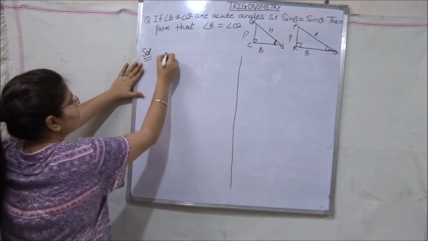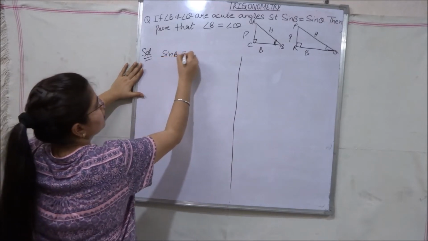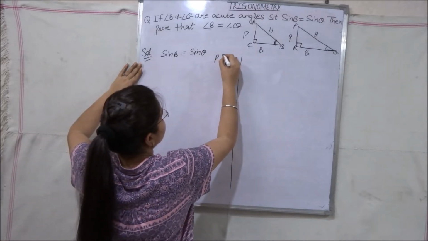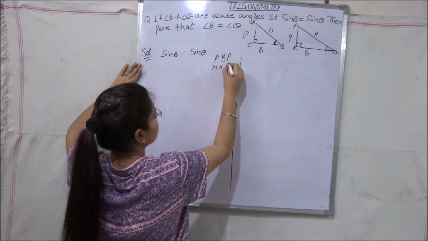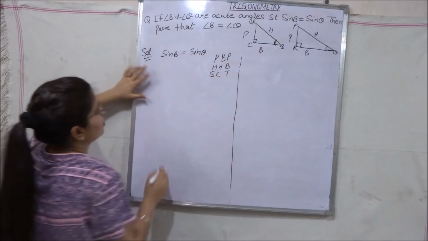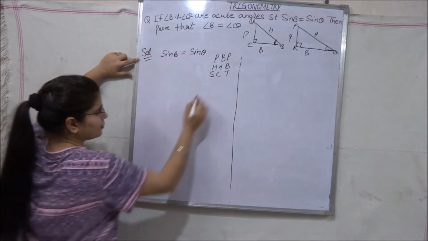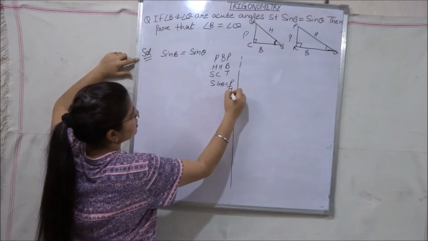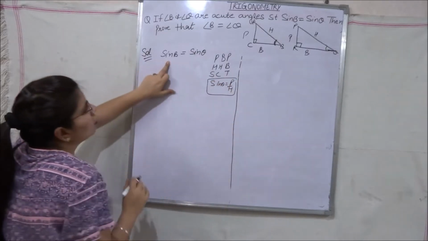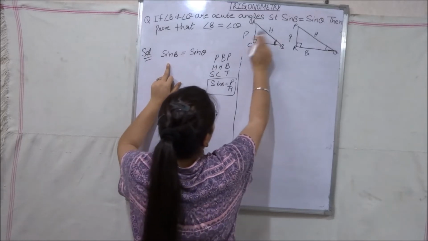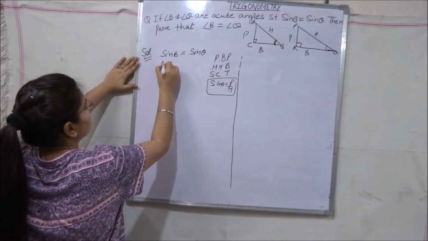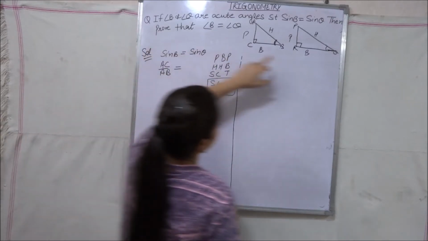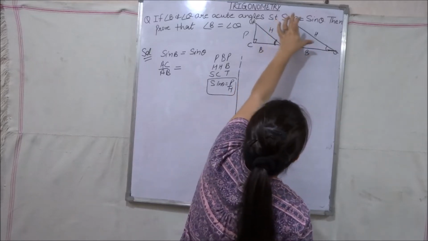Now we are given that sin B is equal to sin Q. Now we have Pandit Badri Prasad har har bole sona chandi tole. So sin theta is P/H. So with respect to sin B, our P/H is AC/AB. In a similar way, sin Q is PR/PQ.